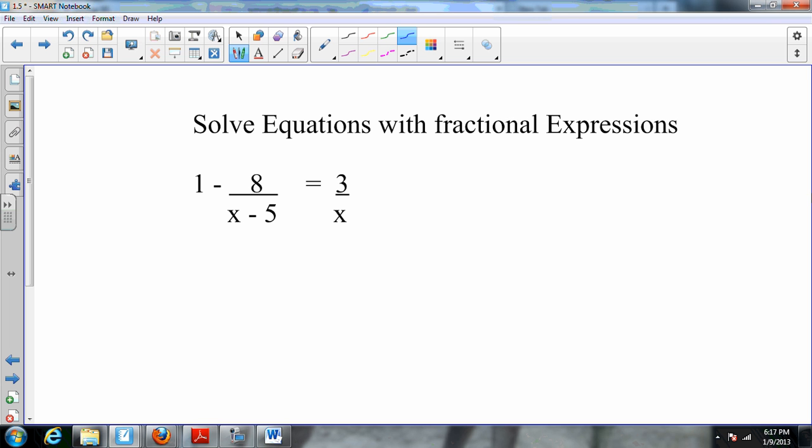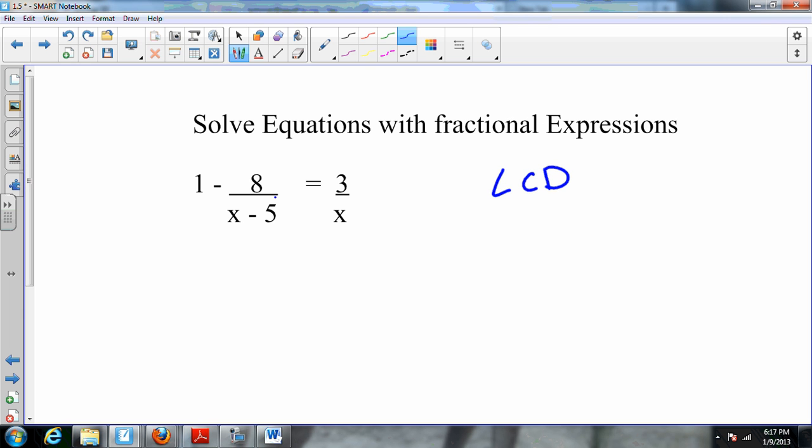So we have 1 minus 8 over x minus 5 equals 3 over x. So we need to get the common denominator, the LCD.